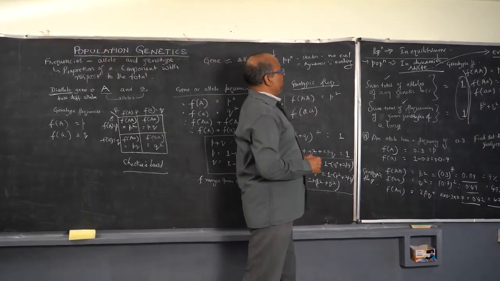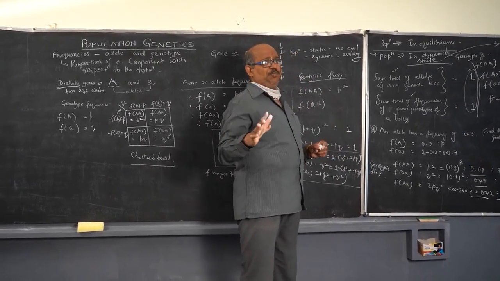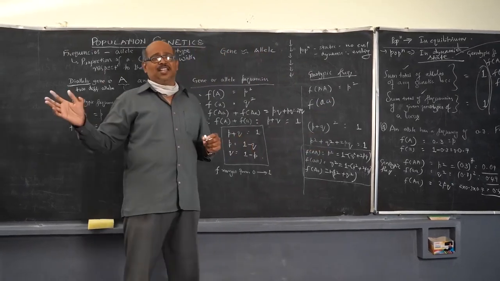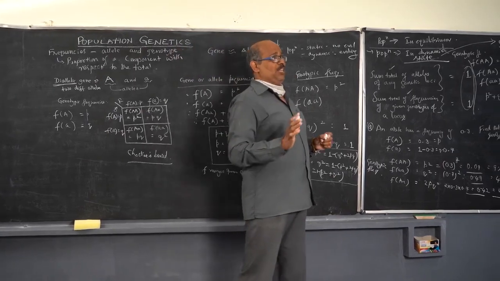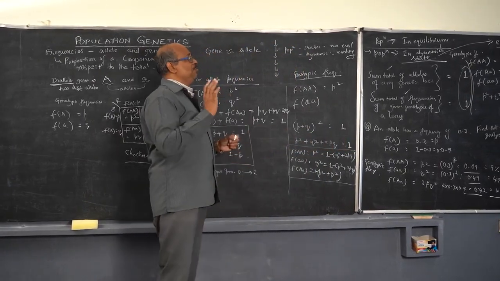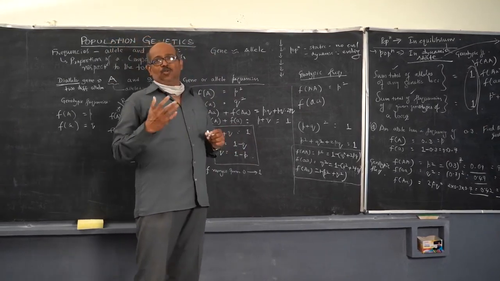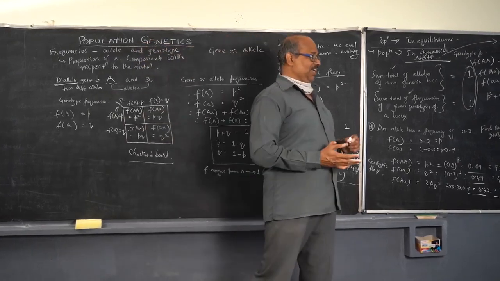Then, if you have a population where the gene frequency and the genotypic frequency is not changing from one generation to another generation, such a population we say is in equilibrium, can be called a population equilibrium. If a population is in equilibrium, it will not be affected by the external events.